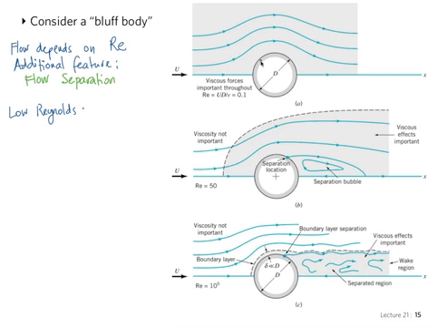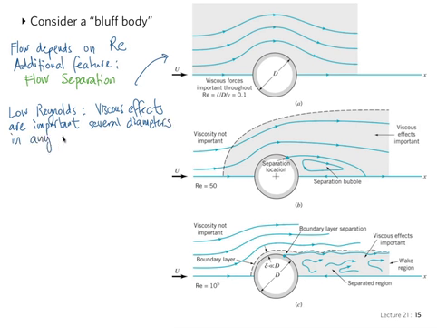If it's a cylinder flow, we would have viscous effects extending several cylinder diameters away. So this is the case I'm discussing. Viscous effects are important several diameters in any direction from the cylinder.